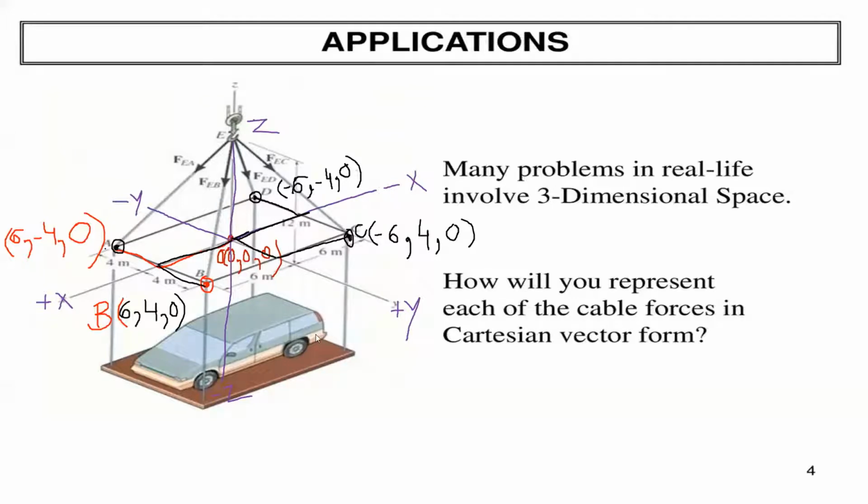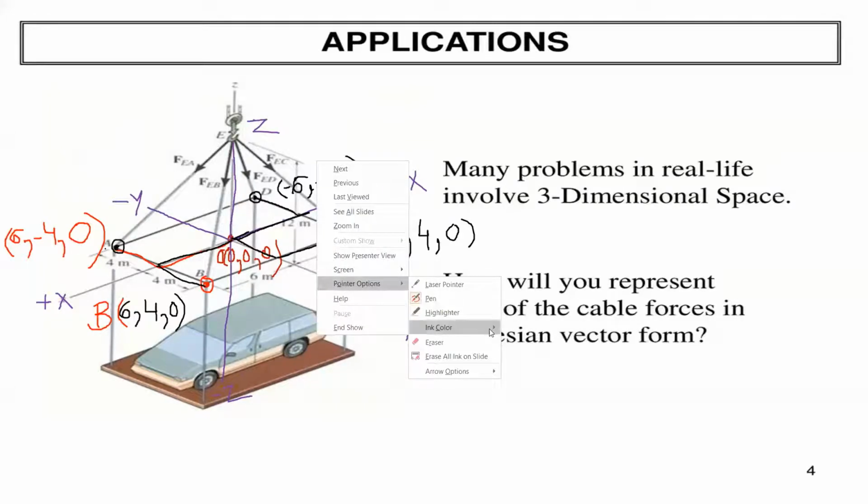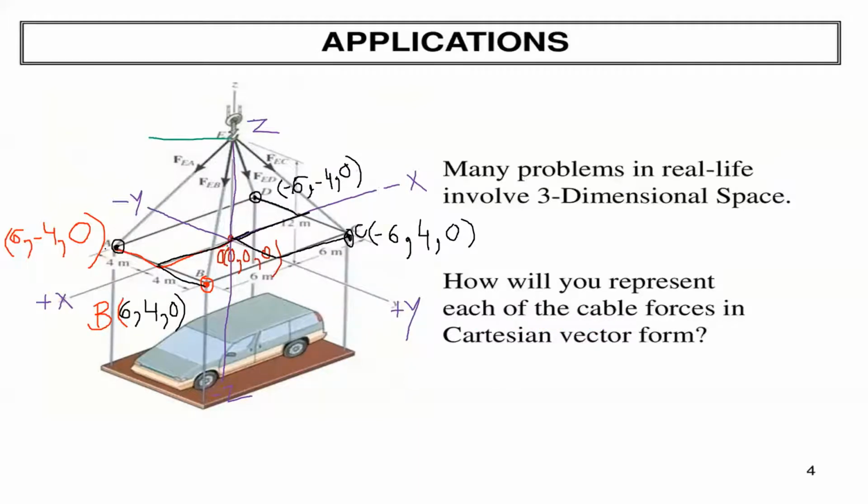One thing is not given here, but I'm giving it to you: for example, its z length is 8 meter. So the x and y coordinates of E will be 0 because it is exactly lying on the z-axis.